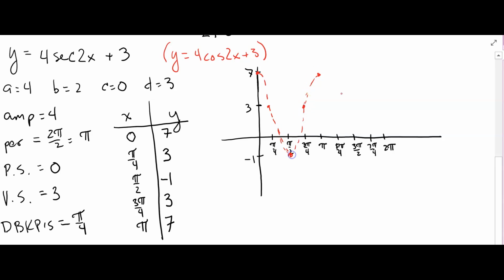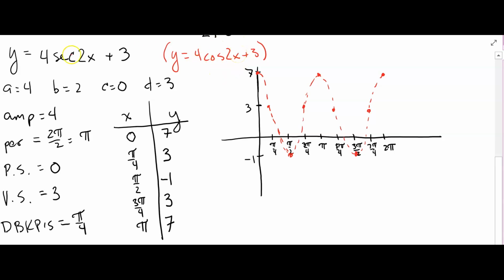Alright, let's do one more period. So we'll continue our pattern. One more point up there at 2 pi. Dash in a nice smooth curve. Alright, so just like the last video, all these spots in the middle are where this cosine value is 0.